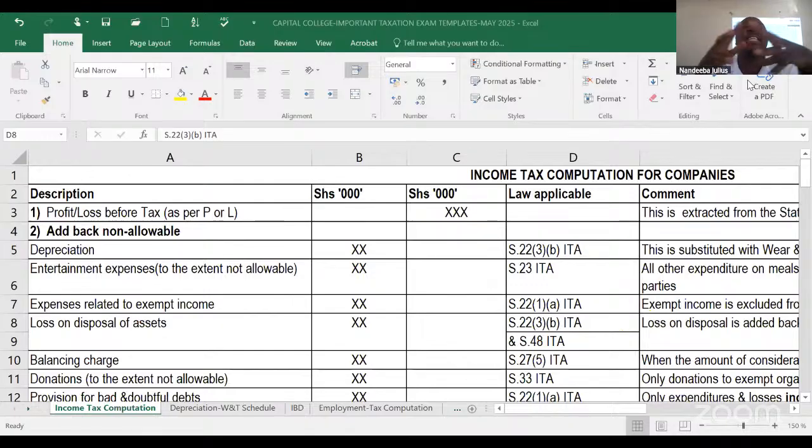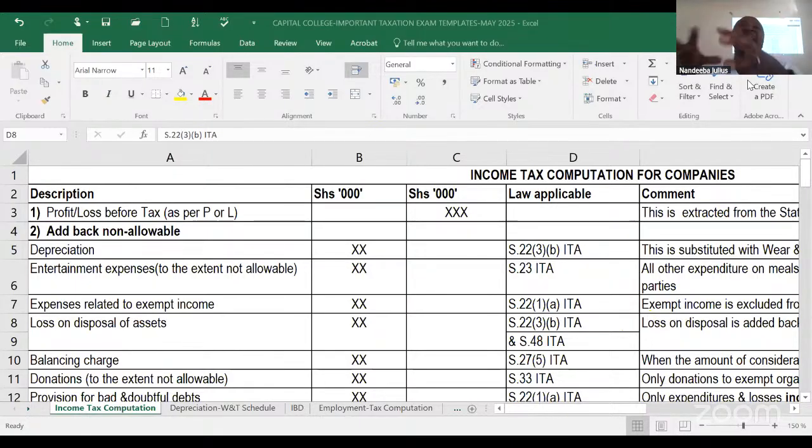You can have an entity that is trading in general things, or you could have an entity, for example, in manufacturing. You could have an entity in the banking sector. You could have an entity in agriculture. You could have an entity that is doing mining. So all those entities have some small things that the examiner will be looking out for.